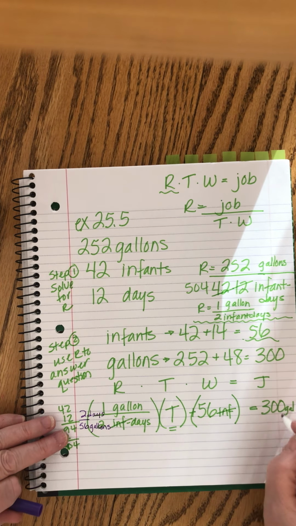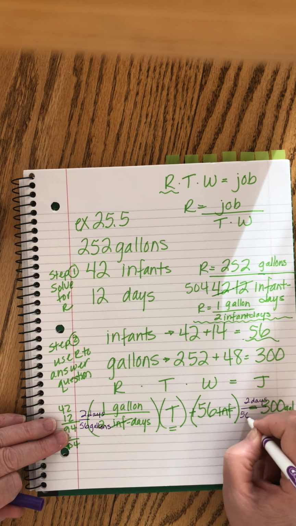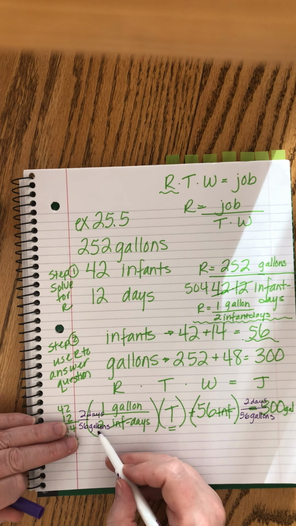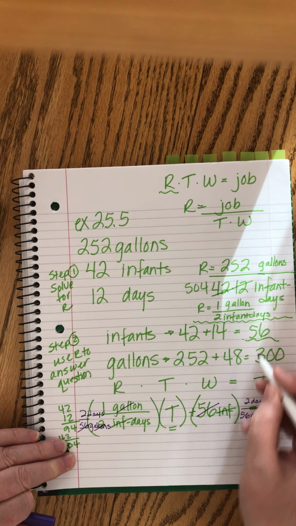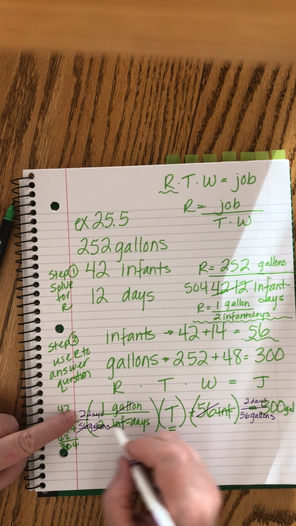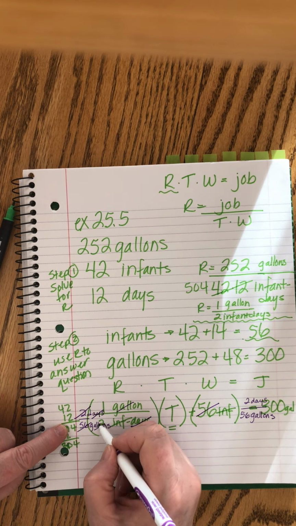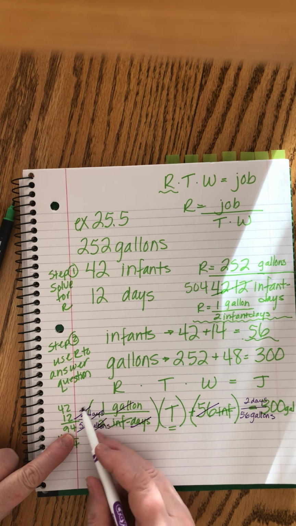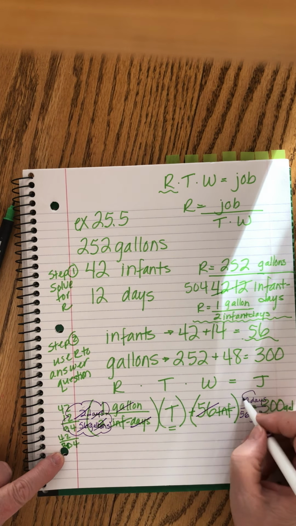Right? And so then we'll multiply over here. It'll be 2 days over 56 gallons, right? I'm taking gallons from up here and canceling it down below. There's 56, and I want to cancel it there. That's how many infants there are now. Days cancels against this, and 2 cancels right there. Hard to see. All right, so there's my reciprocal. 2 days over 56 gallons, and that's what I've done over here.